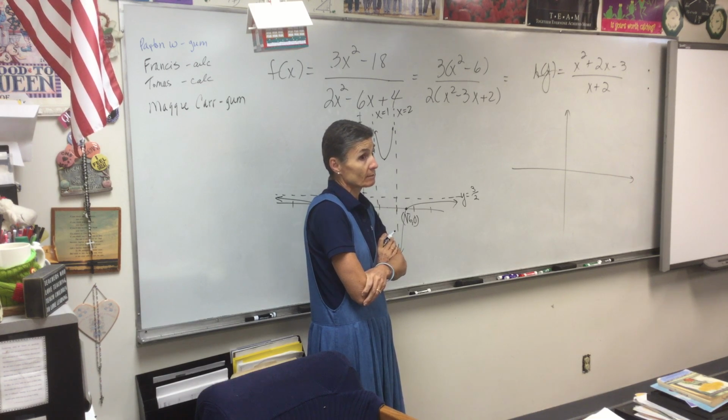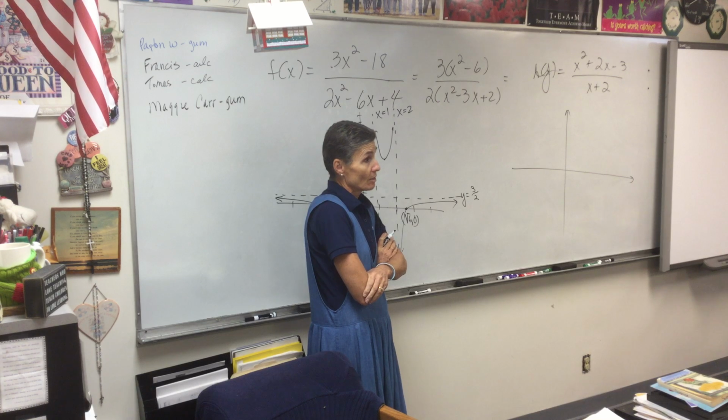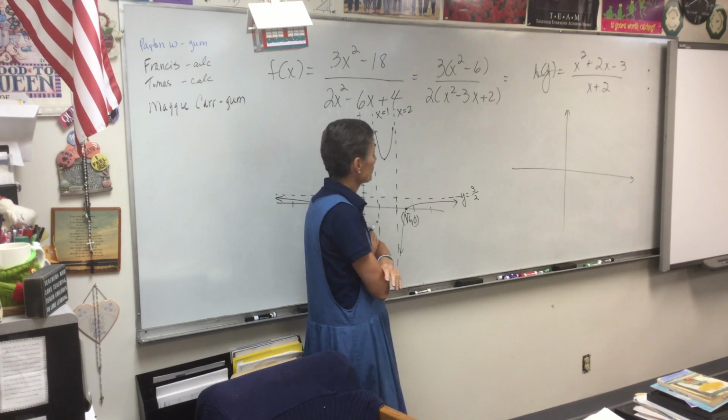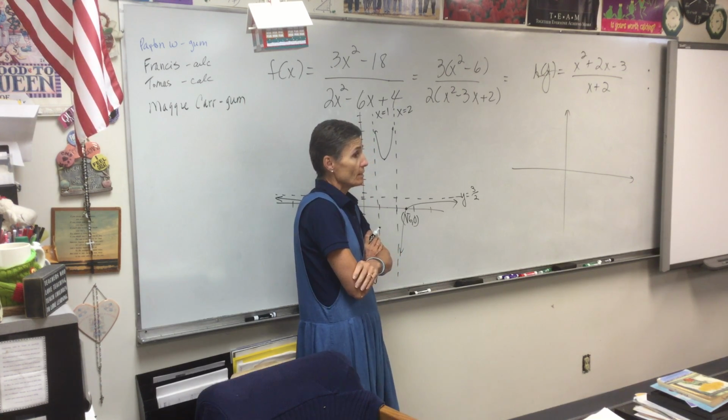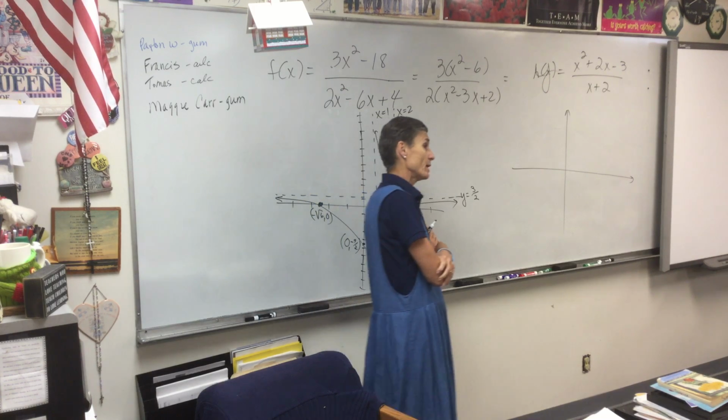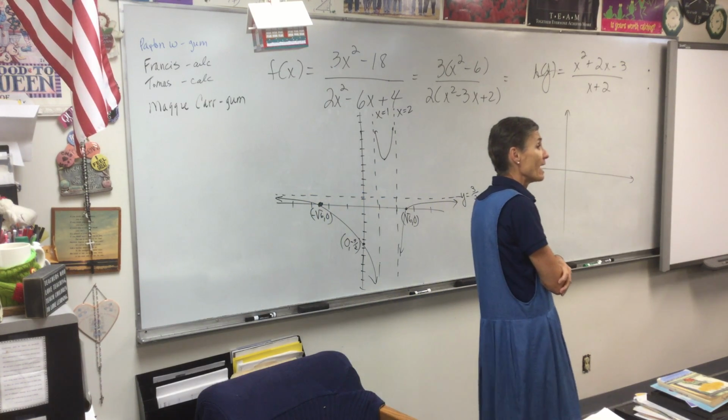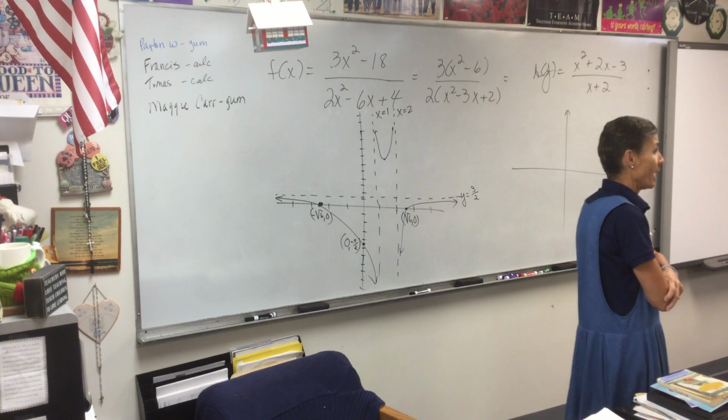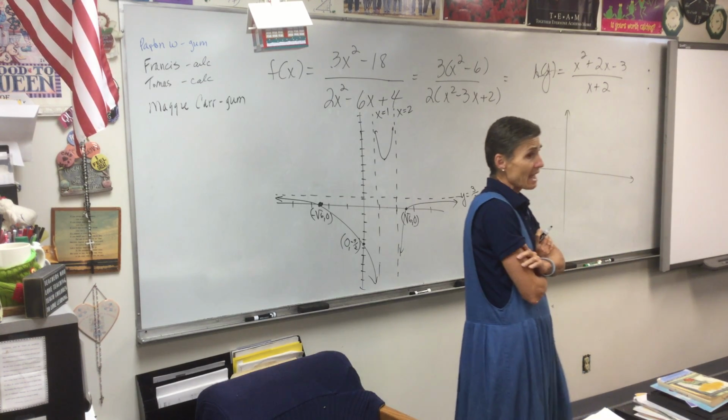Oh, there's something pretty different here. Is there a monomial on the bottom? Well, we've had them with monomials on the bottom before. It's x squared on the top and only x on the bottom. So what does that mean?